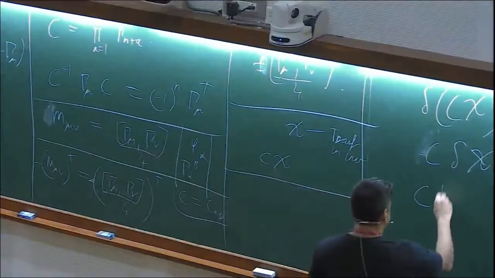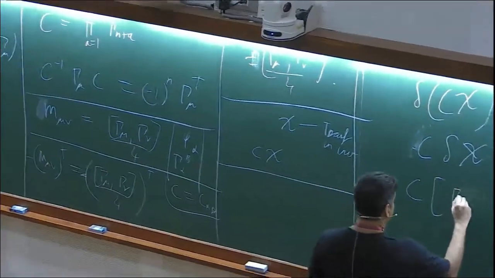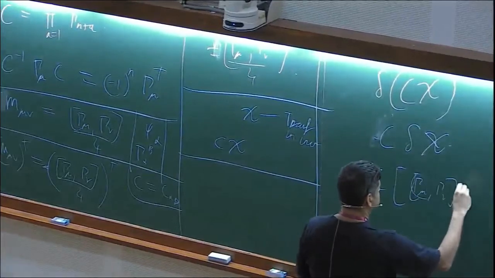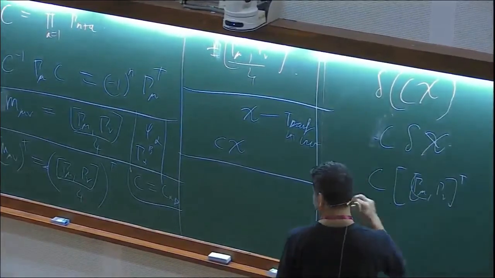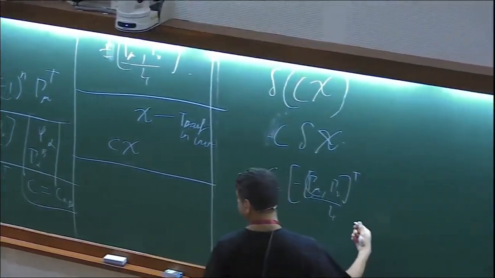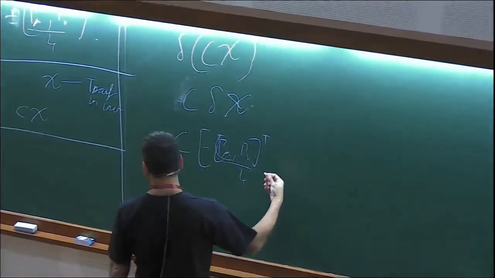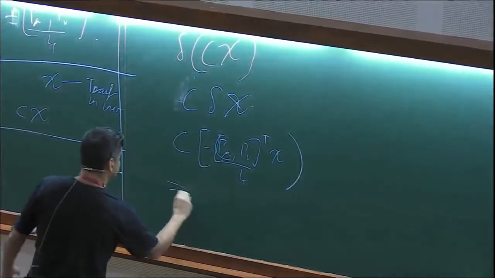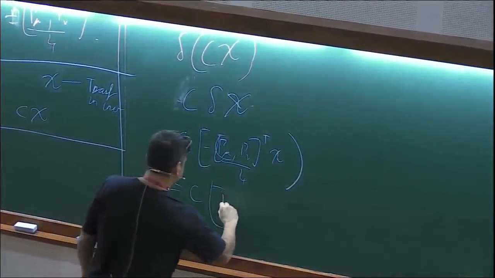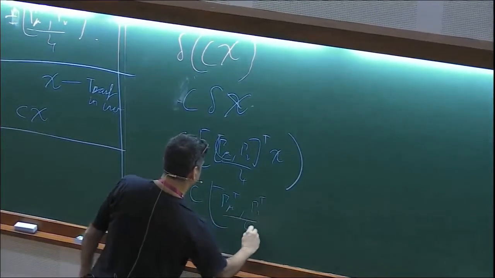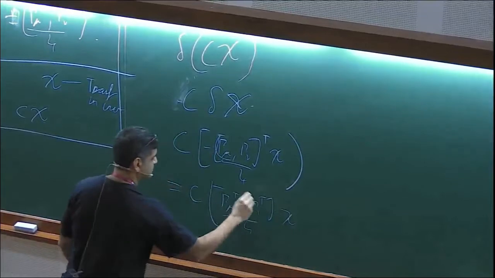So it's C times gamma mu gamma nu transpose by 4 with a minus sign on chi, which is the same thing as C times gamma mu transpose gamma nu transpose by 4 with a plus sign, as we've already seen.